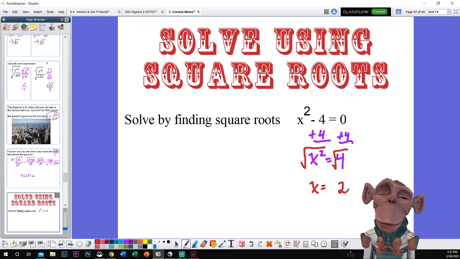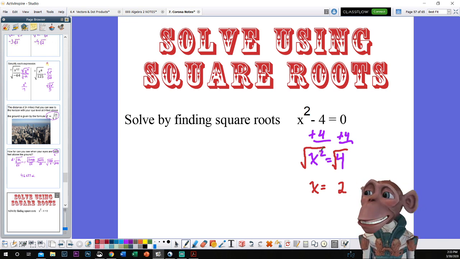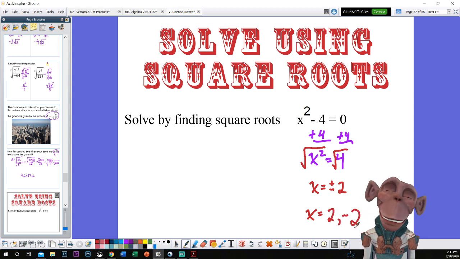But you'd be wrong. It's not just x equals 2. Something crazy happens when we do this. If we have a square root over an x squared, we have to put a special symbol here. It's called the plus or minus symbol. Plus or minus. Because this actually could be a positive 2 or a negative 2, and it will still work.